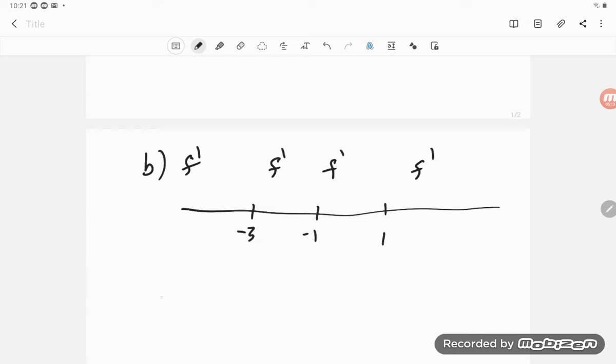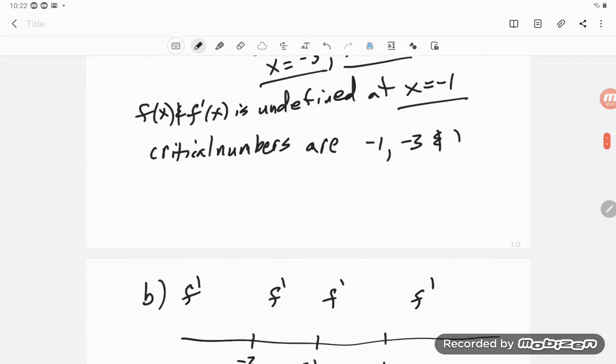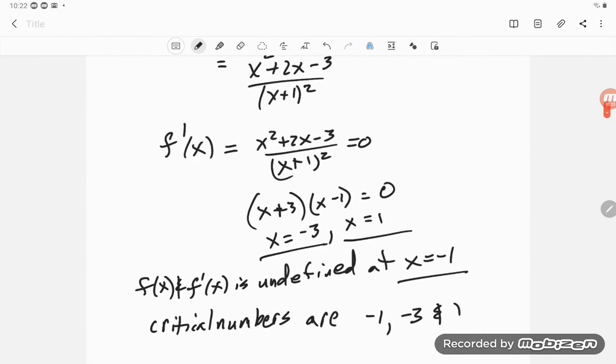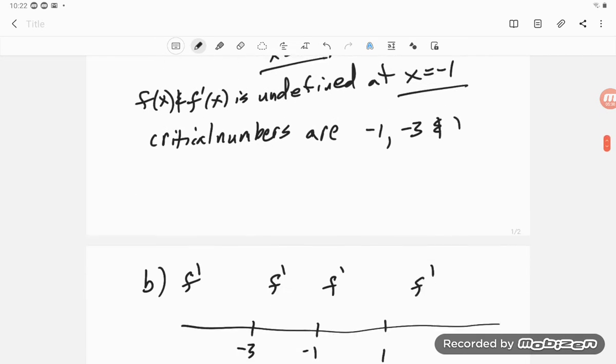So I'll start with f prime of -4. Now, what I know is the denominator is squared, so that's never a problem. It's always positive. So I really am only interested in the (x plus 3) times (x minus 1).